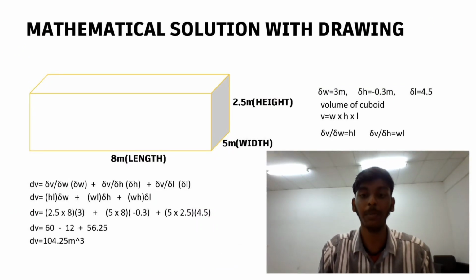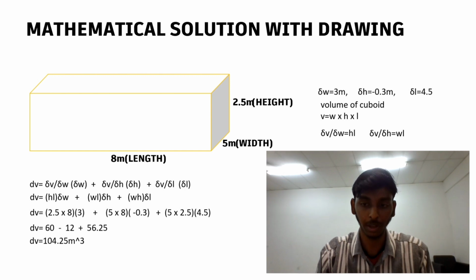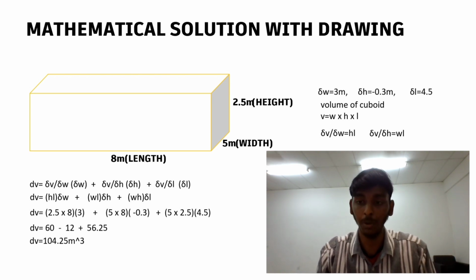I'm going to do the mathematical solution with the drawing. Our swimming pool is in a cuboid shape. The height is 2.5 meter, the width is 5 meter and the length is 8 meter. The delta W, delta H and delta L are assumed as Mr. Ramli needs to increase the width, the length and decrease the height of the swimming pool.